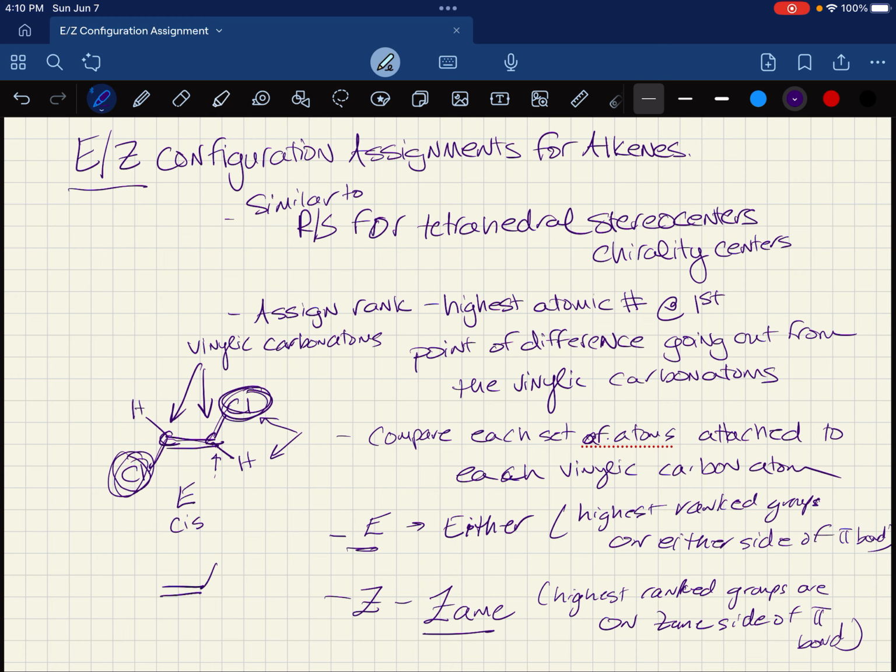I'm so sorry, this is not cis, this is trans. I apologize. And if we had the other stereoisomer, this would actually be the cis, and this would be Z, where the highest ranked groups are on the same side. Again, the shape here looks more like an E, so you've really got to just use those mnemonics.